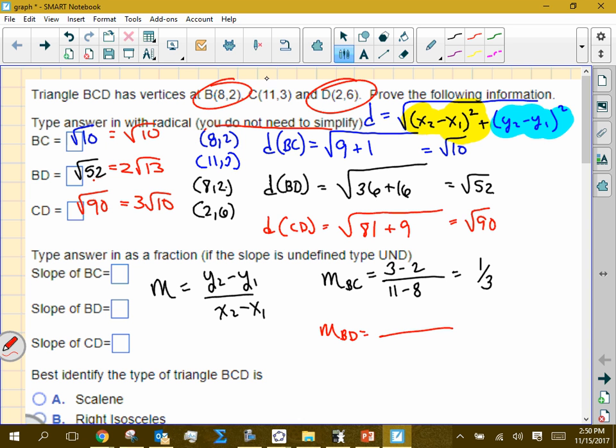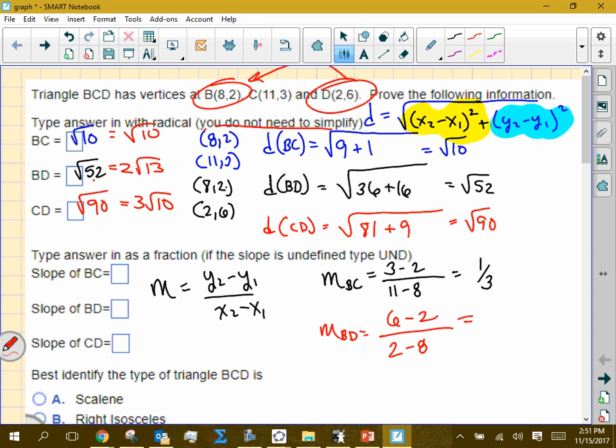So if I go 6 minus 2, so I went from this one to that one, right? Then when I subtract the x's, I've got to start at the same point. I go 2 minus 8. These two things, your first term in your numerator and your first term in the denominator, have to come from the same ordered pair. The last term has to come from the same ordered pair.